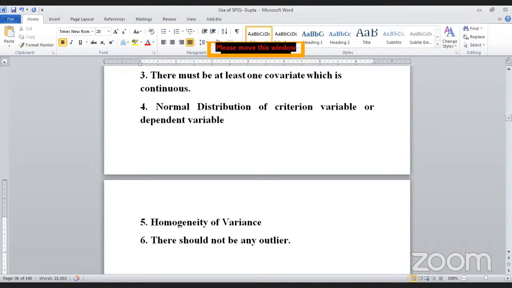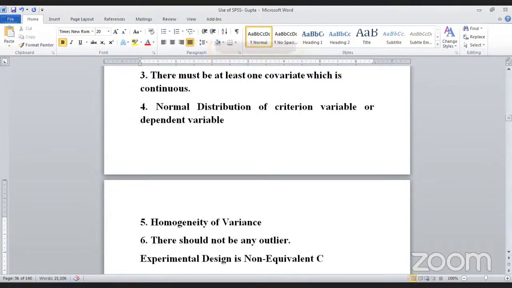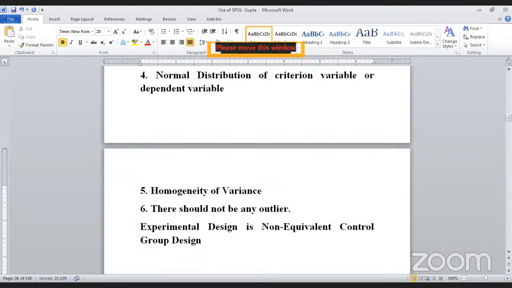So the experimental design is the non-equivalent control group design. And the layout is as follows.